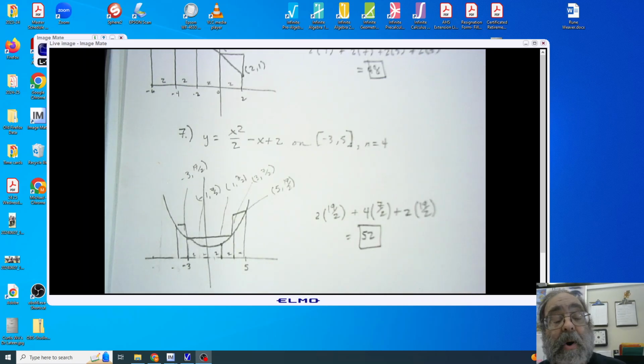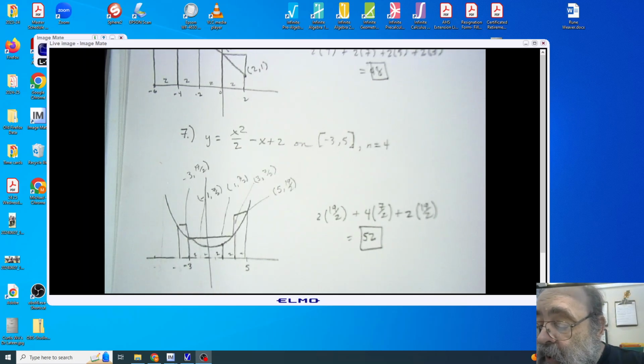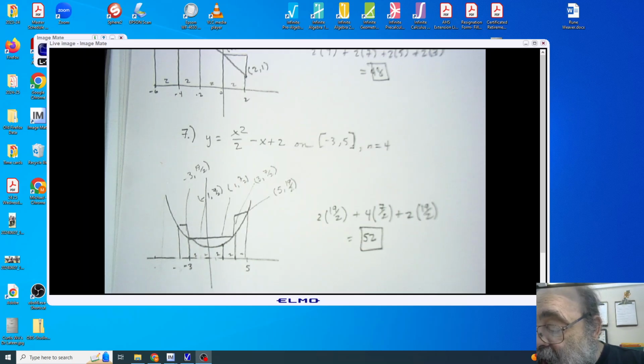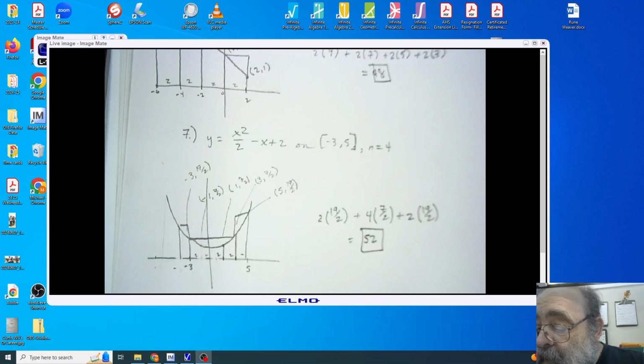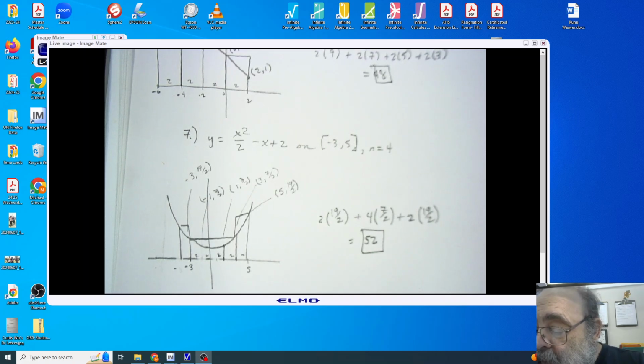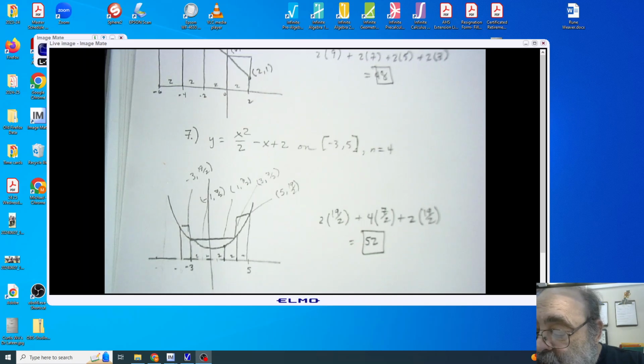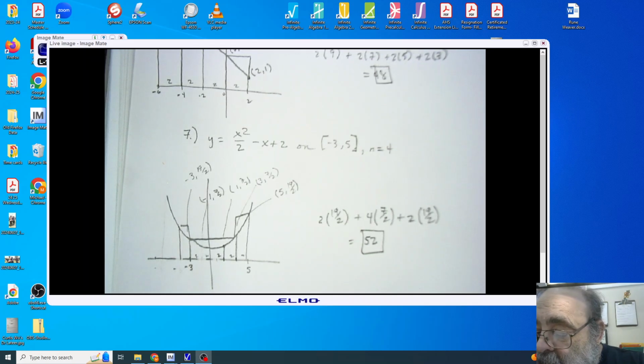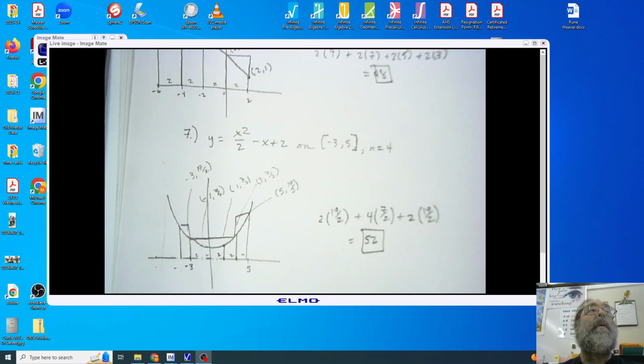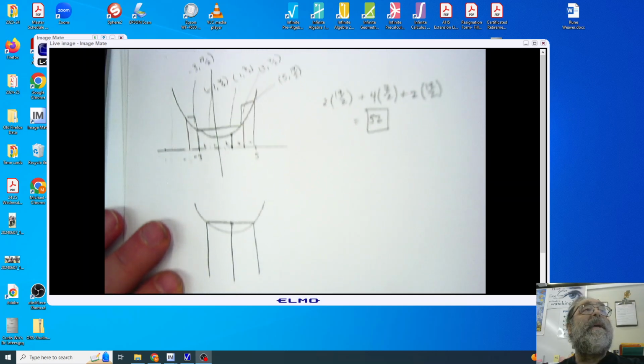Once again, the hardest part is just recognizing what's happening when you have this parabola like this and the 2 points on either side. Notice that the upper sum forces these 2 rectangles to go to that middle point. Okay? And you can't see that. There you go.